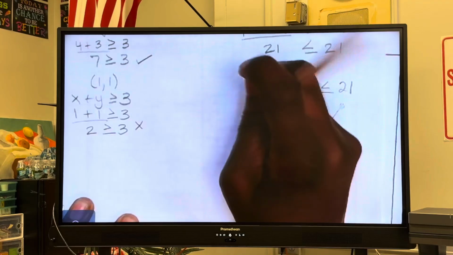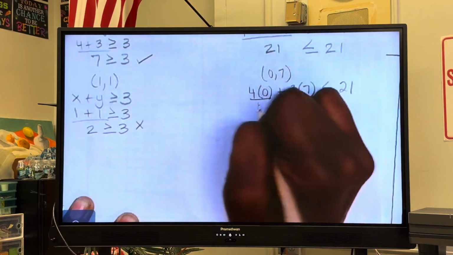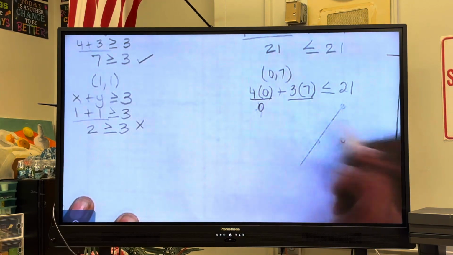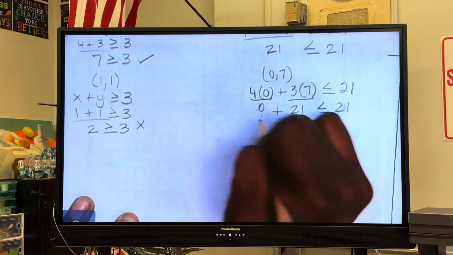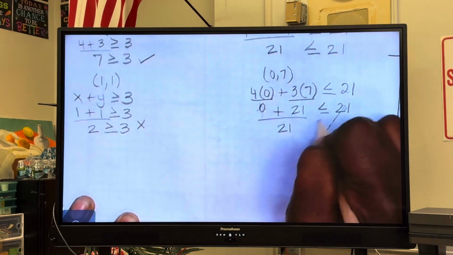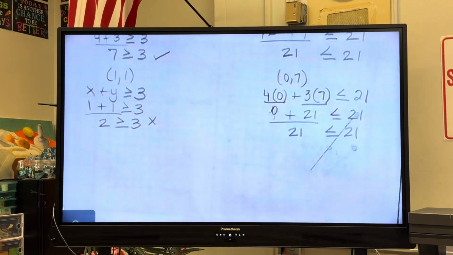Oh, you're right. Look at me. 4 times 0 is 0. 3 times 7 is 21. 0 plus 21 is less than or equal to 21. And what's 0 plus 21? 21. So the points on the line actually come out to be how much? $21. So what's this? So what's the option? If I want to spend exactly $21, what could I buy?